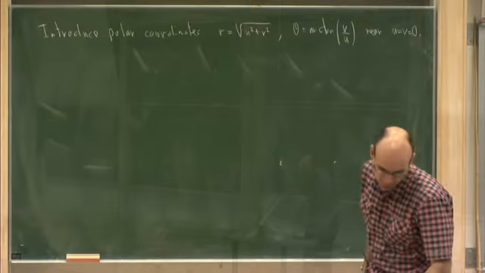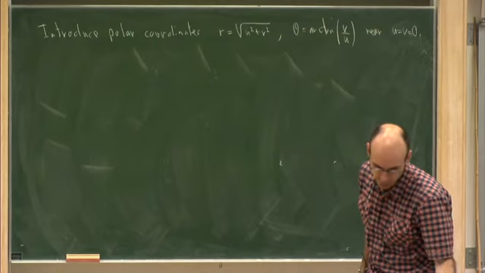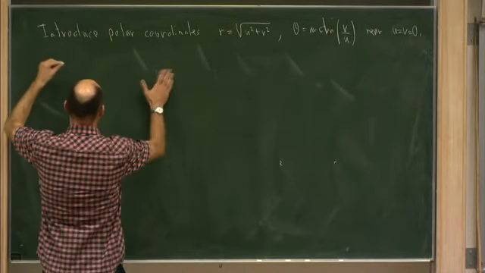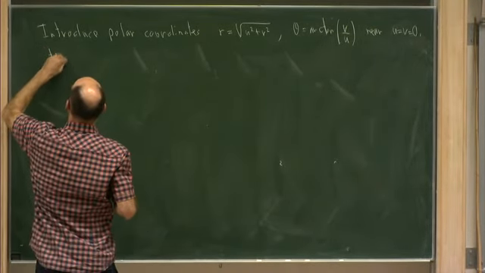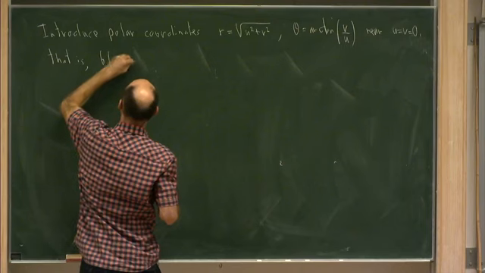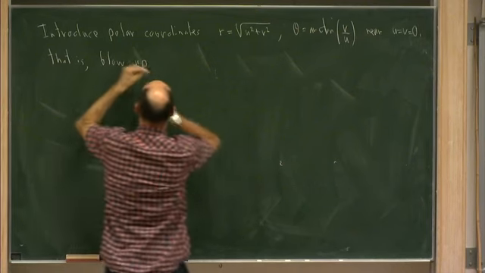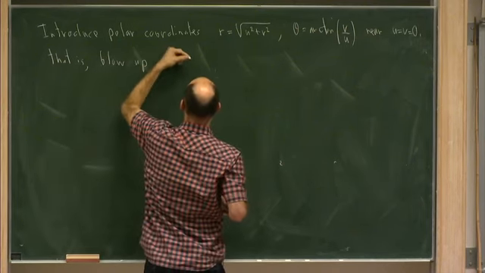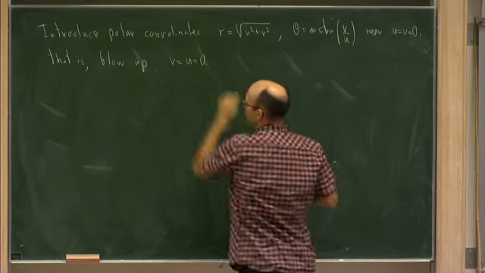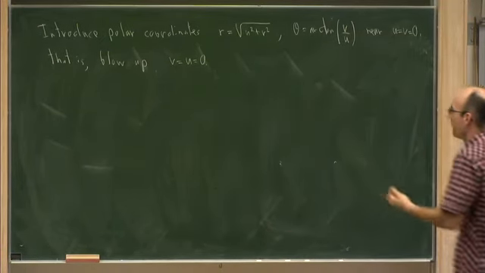Well, I guess we could write the metric in this form, but really, that is, blow up this submanifold v equal to u equal to 0, if we want to do it in a coordinate invariant way.